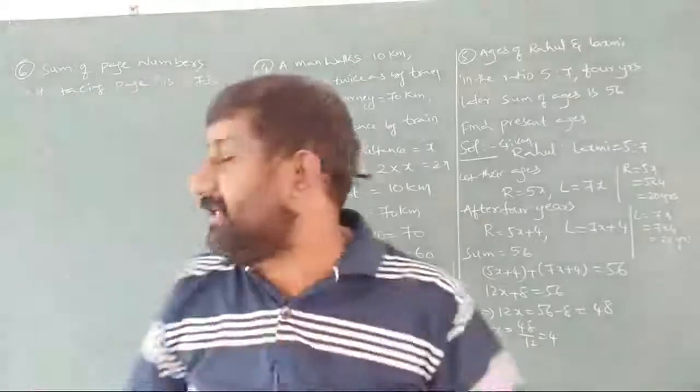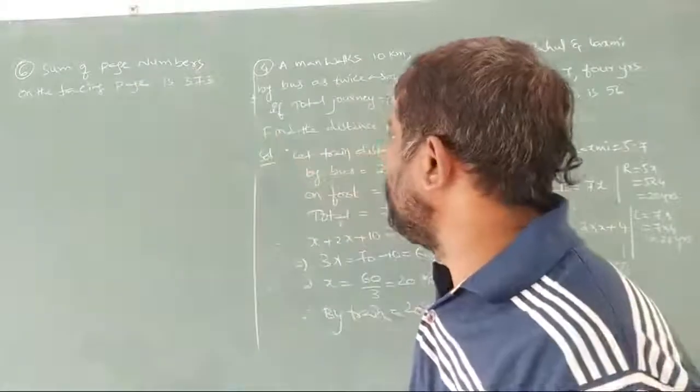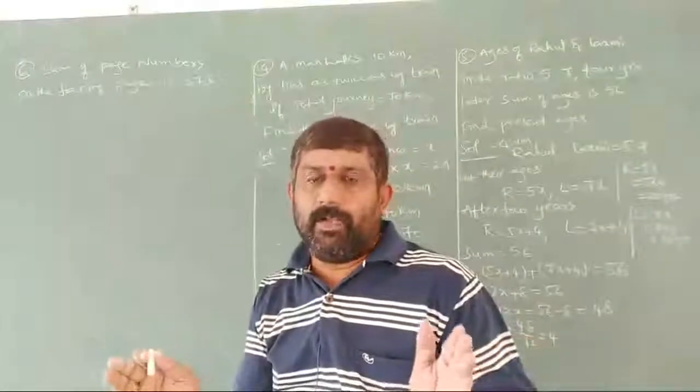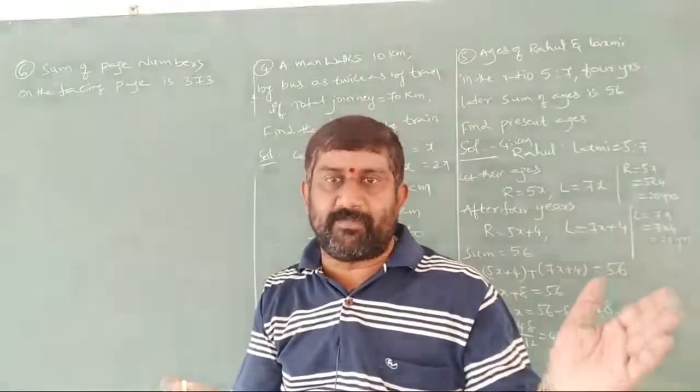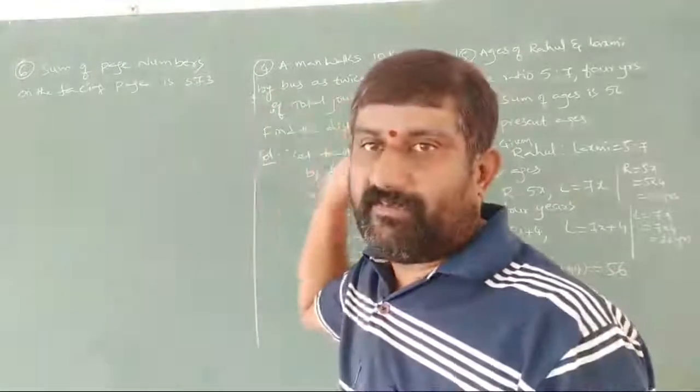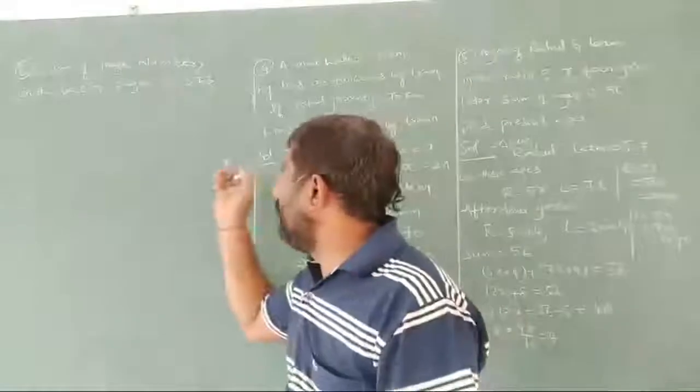The sum of page numbers on the facing pages is 373. If you open a book, you find one page number on one side and another on the second side. The sum is going to be 373. Then we have to find the page numbers.